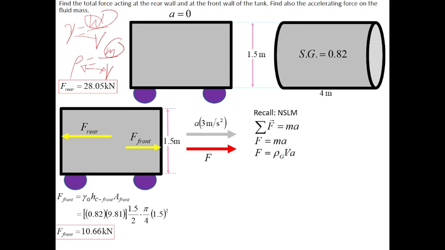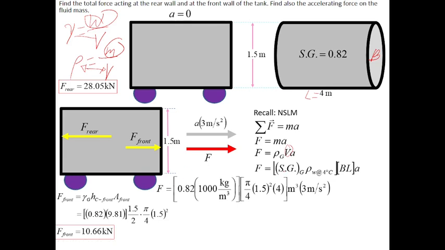Density of gasoline times the volume of gasoline times the acceleration. So, the density of gasoline, specific gravity of gasoline times density of water at 4 degrees Celsius, multiplied by the volume of the tank. The volume of the tank, area of the base multiplied by the length, 4 meters. So that is the volume of the cylinder, then multiplied by the acceleration.